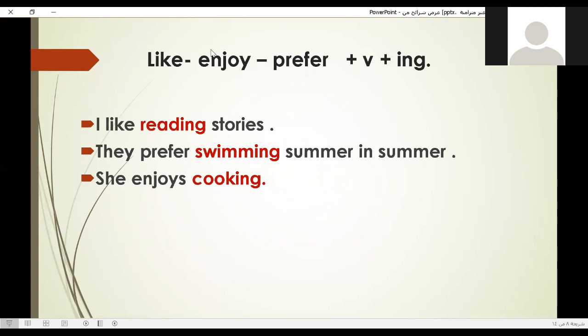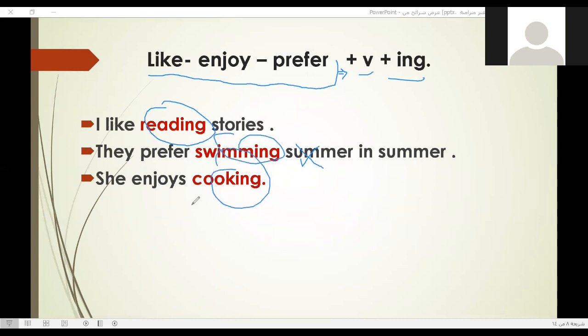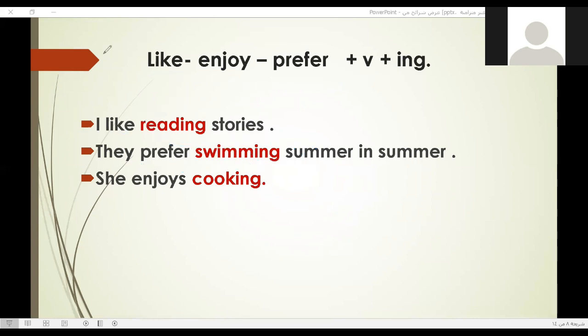Okay, thanks a lot. I'm sorry for this wrong word. Okay, thank you very much. So you notice that after like, enjoy, prefer, the verb comes with ing, like reading, swimming, cooking, because we have enjoy, prefer, and like. Thank you very much.